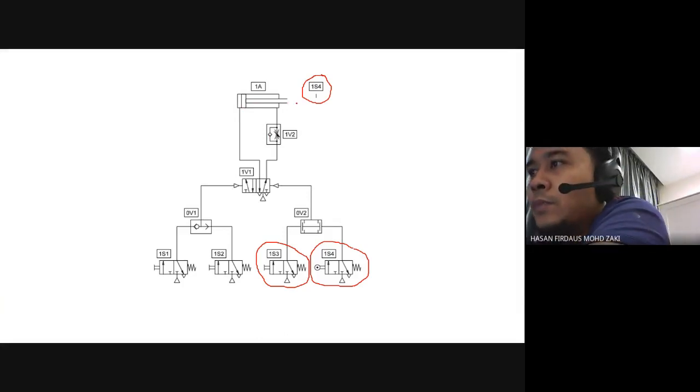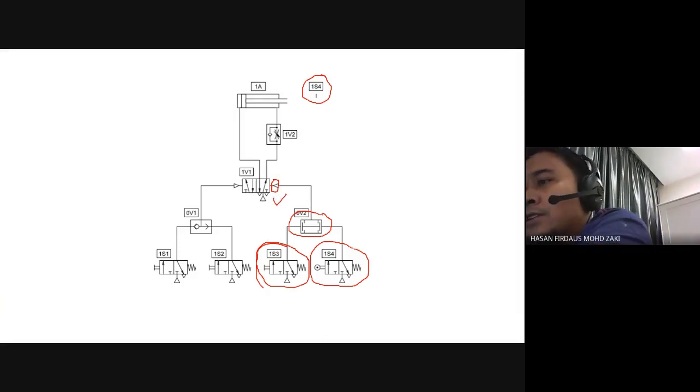So if this one is in full extension and is triggered, this one can be activated, and therefore this option will be selected. That's the only difference from the previous one.